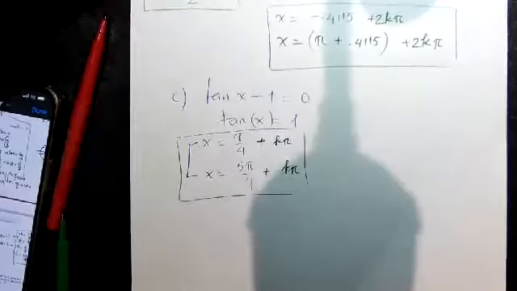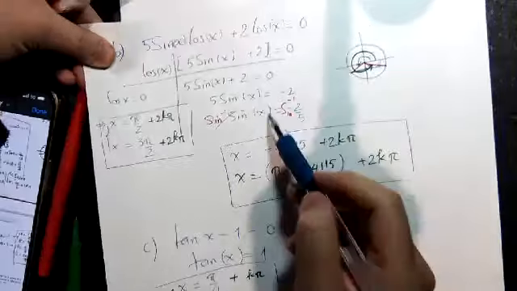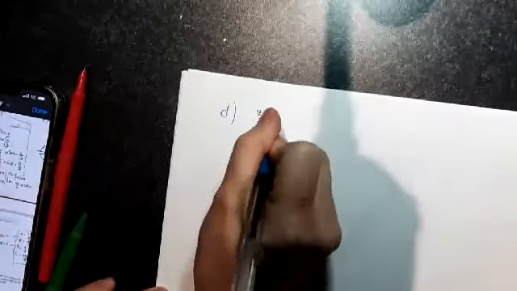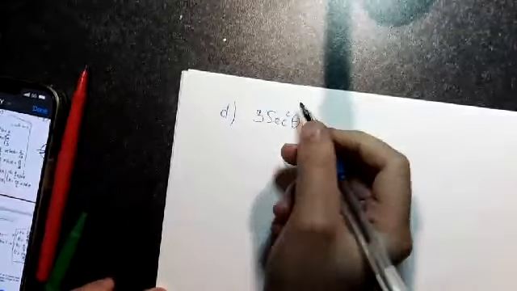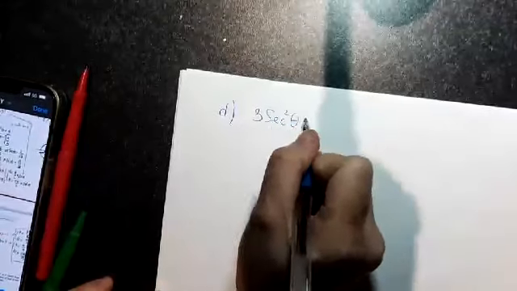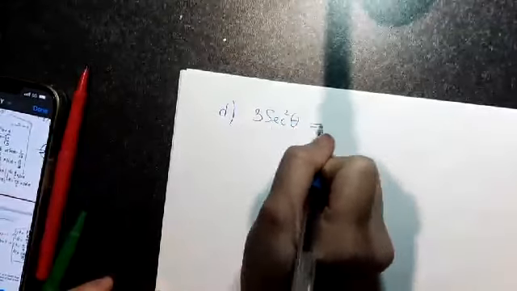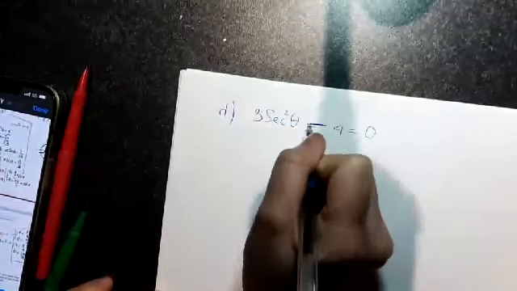It's slightly hairy. It's D: 3 secant squared theta, I'm sorry, minus 4 equals 0.